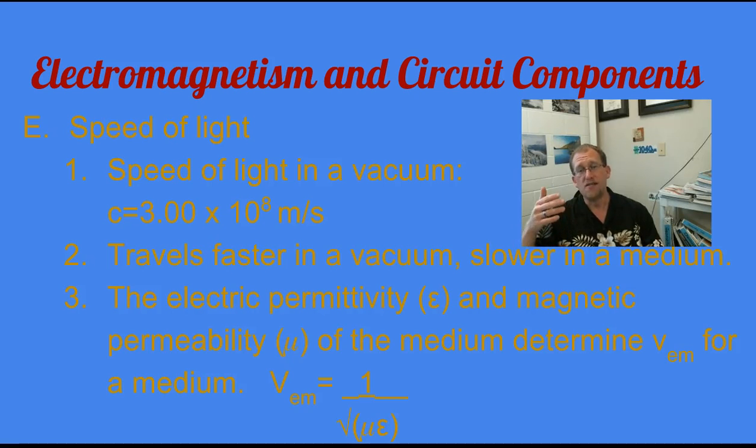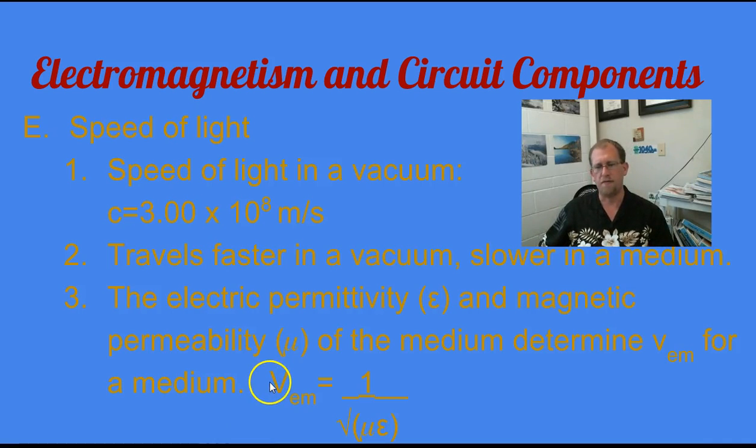But it does slow down in a medium, and it has to do with two properties of the medium. One has to do with how easily electricity can pass through the medium, and one has to do with how easily magnetic fields can pass through the medium, because light is both. Electromagnetic radiation is both electricity and magnetism. So we have to take into account the way that these two traits or characteristics of a medium impact the speed of electromagnetic radiation.